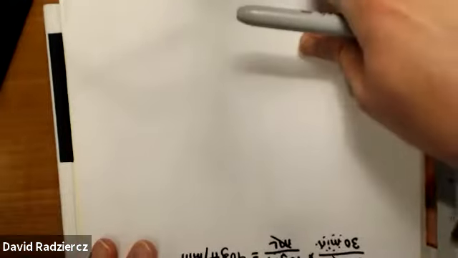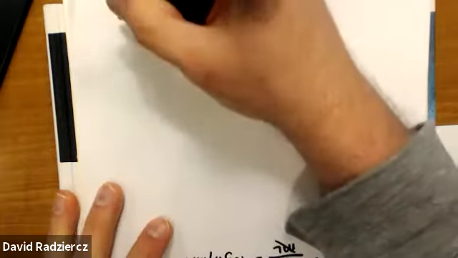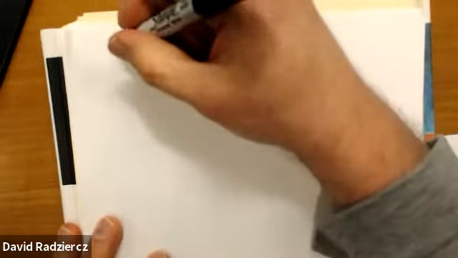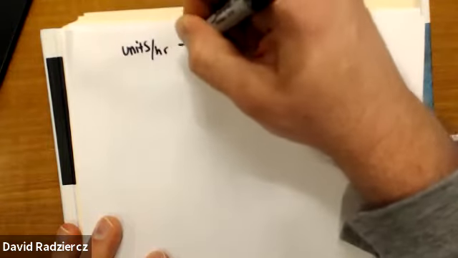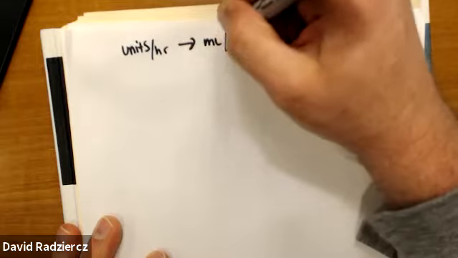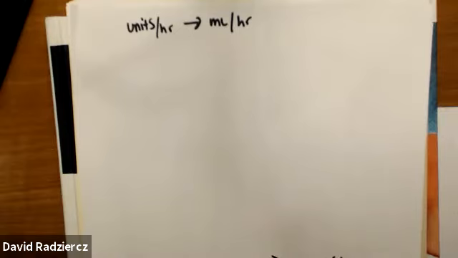Let me just turn my paper upside down here. What this question is asking ultimately is we're going to go from units per hour to milliliters per hour. And this is exactly what you do in the heparin protocol. So like I said, it's kind of like a workup to the heparin protocol.